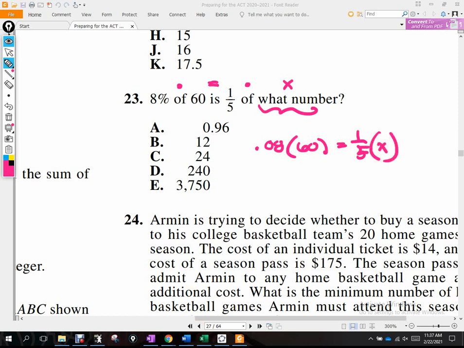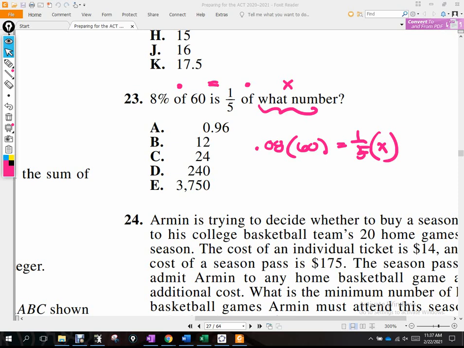How would I solve for X here? X is already by itself, right? But how do I get that 1/5 out of there? Multiply by 5.